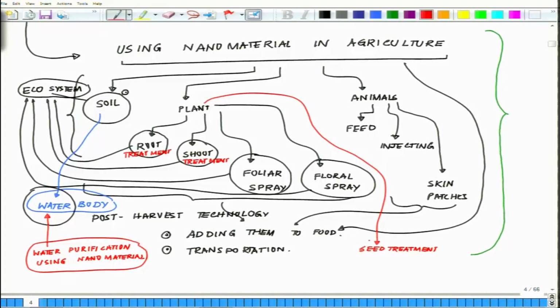So, starting from the seed, which is like the dormant part of the growth, to root treatment or root priming, depending on what kind of roots we are talking about, all the way to treating the shoot, as well as the foliar spray, all the way to the flowers.